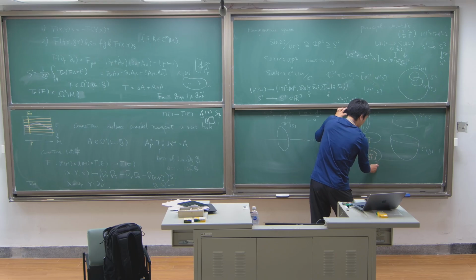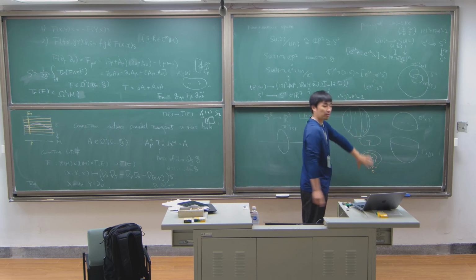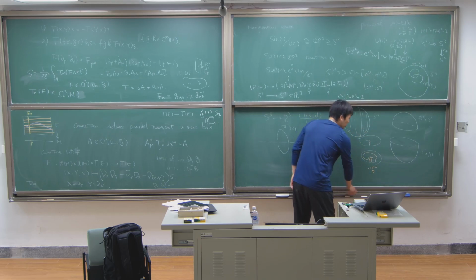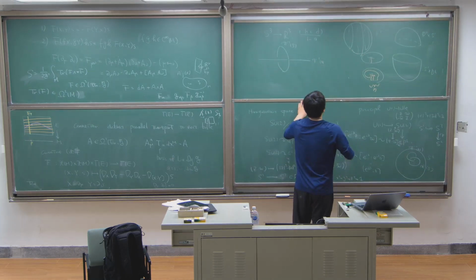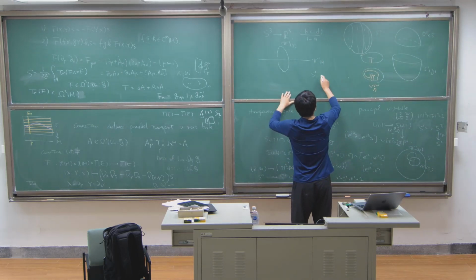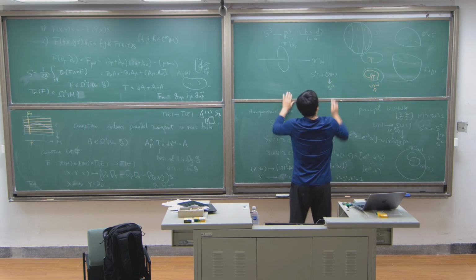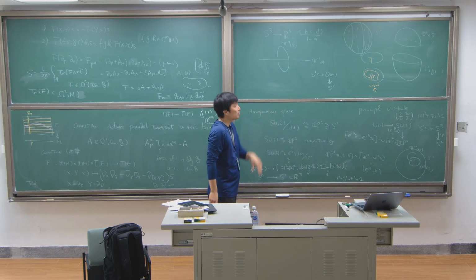So this is an n-time rotation, and glue them back. Then you can construct an S1 bundle over S2, like this.